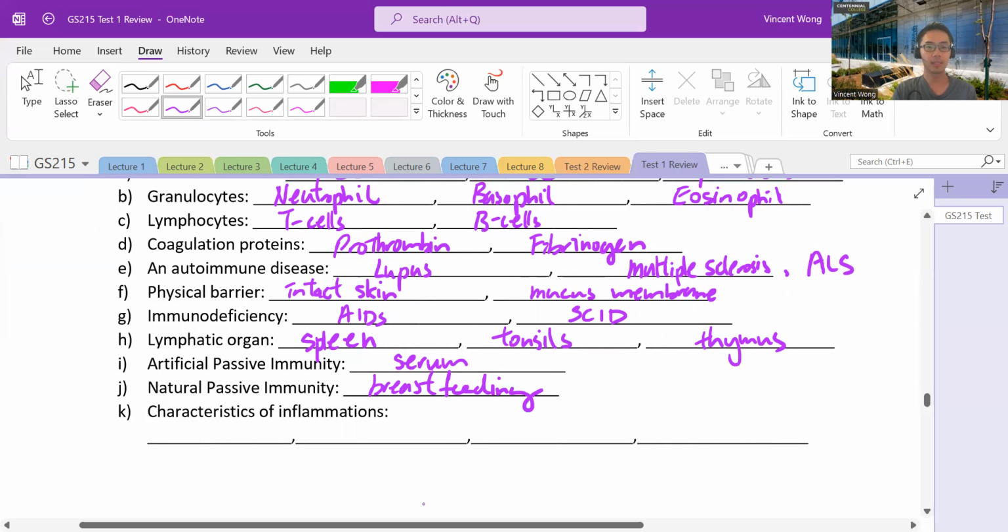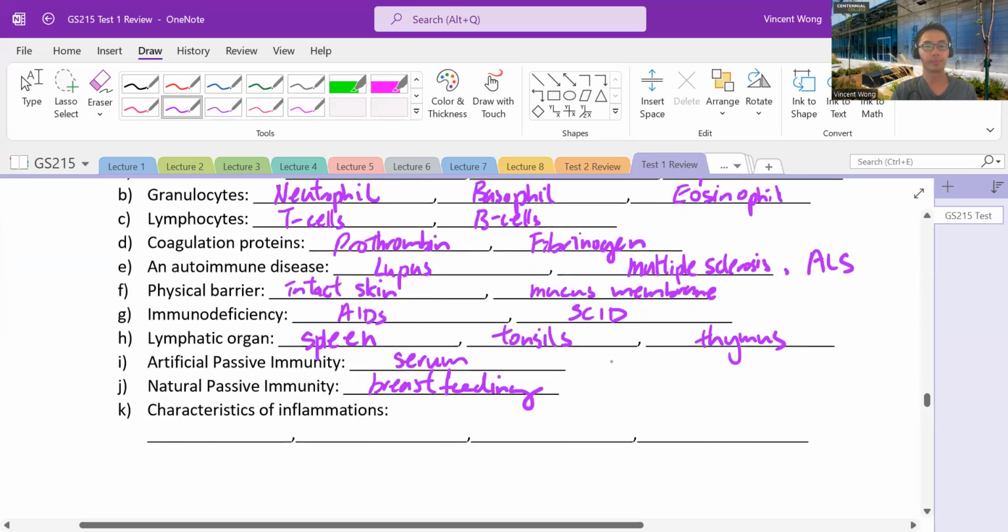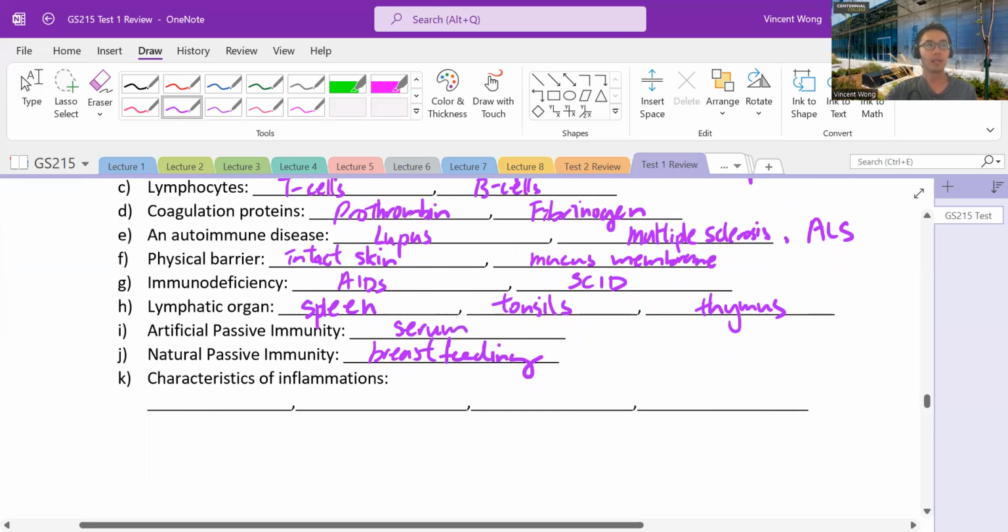There you go. Okay, characteristics of inflammation: redness, swelling, pain, warmth. These are side effects of histamine, basically.